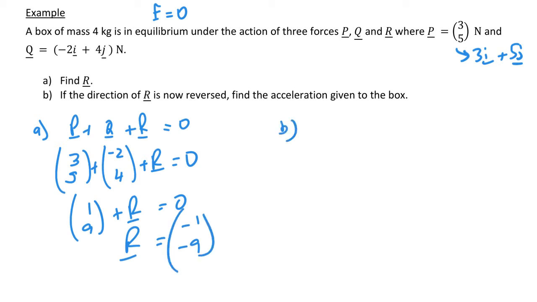Part B: if R is reversed, find the acceleration given to the box. So if the value of R is reversed, what we're going to have is P plus Q minus R equals ma.